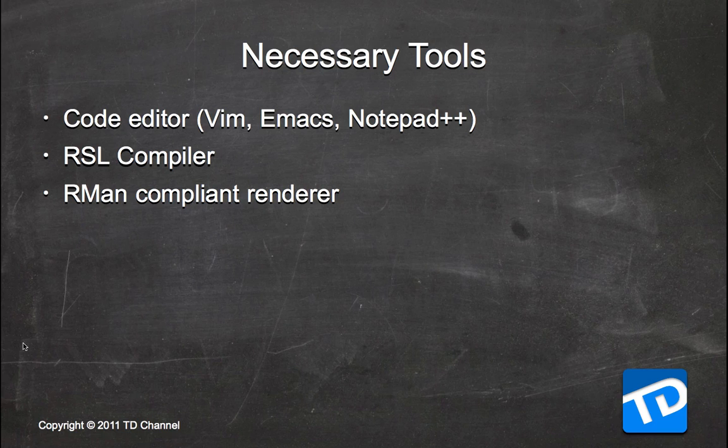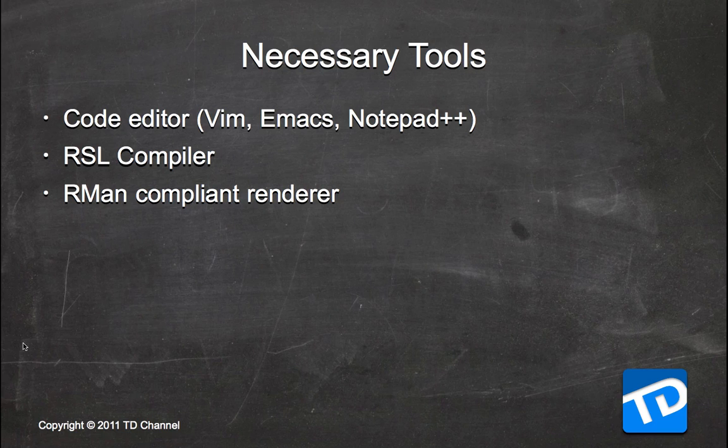So what are the necessary tools we're going to need to write shaders? First, you're going to need a code editor. Personally, I use Vim, but you could use Emacs, Notepad++, Visual Studio, whatever code editor you want. I highly recommend an editor that has syntax highlighting and recognizes indentations and that kind of stuff.